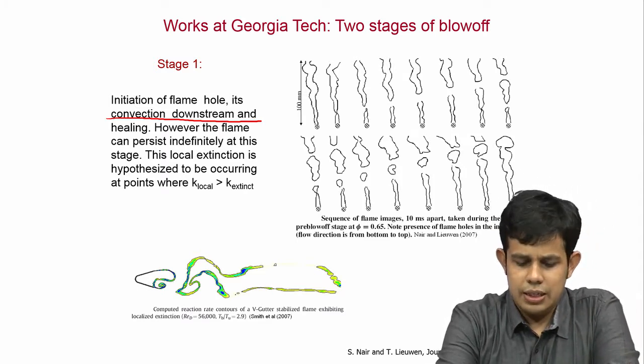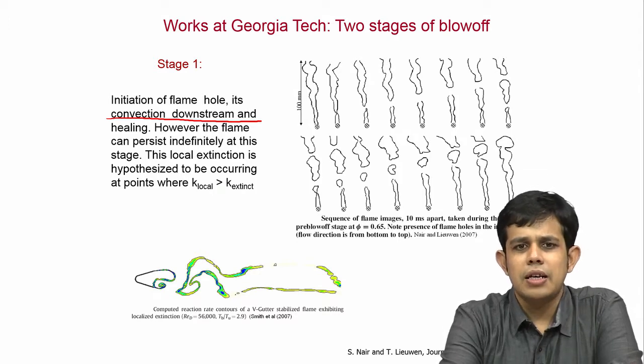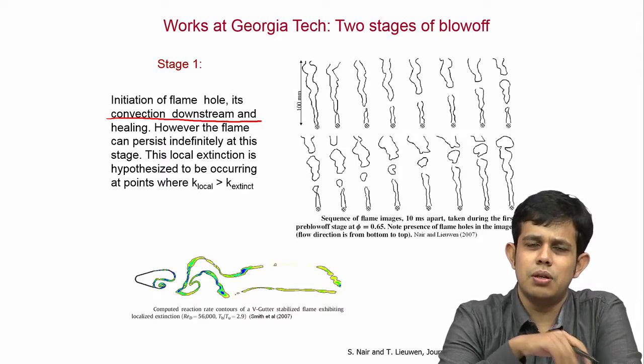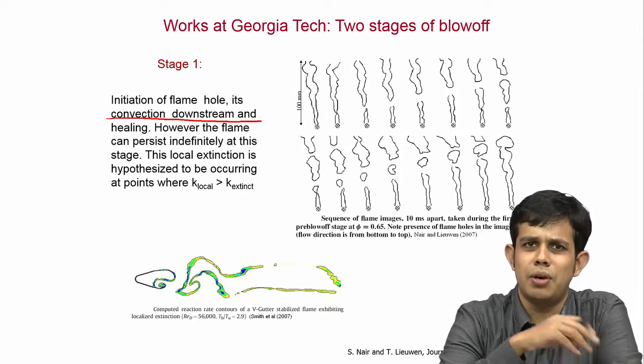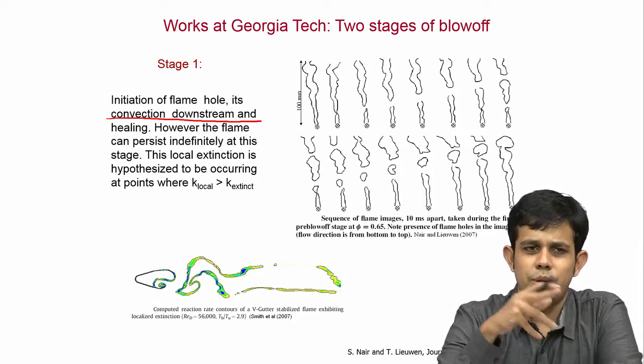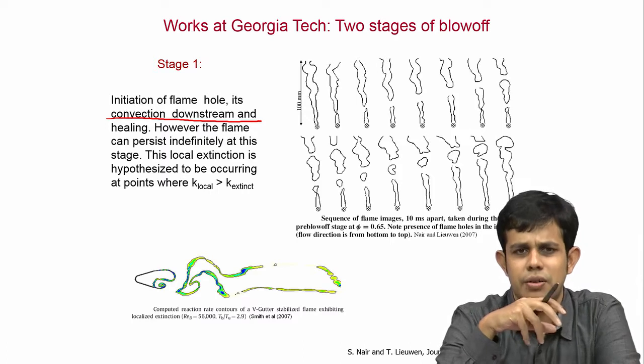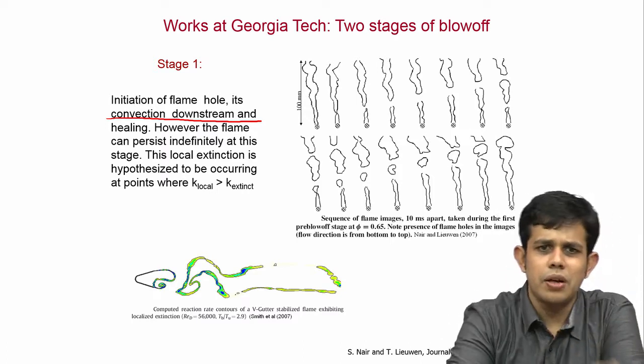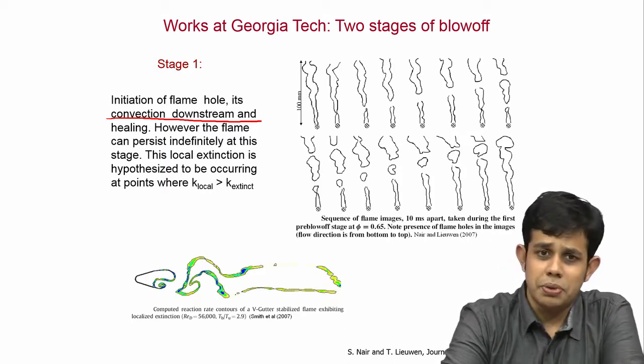That is, the flame hole can close, however they also said that this flame hole, which is a formation of an unburnt reactant region surrounded by the flame boundary or the flame front, can also persist.